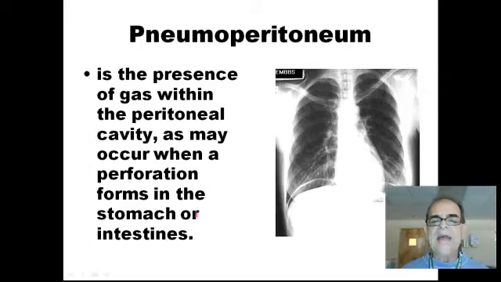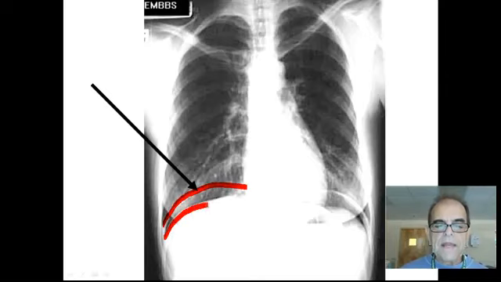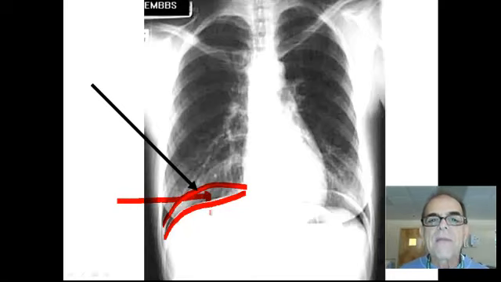Pneumoperitoneum, gas inside the peritoneum. Not for ultrasound, for X-rays. You can see here in the X-ray the diaphragm, and between the diaphragm and the liver, one dark space produced by the presence of air. This is the diaphragm, this is the liver, and this part is gas between the diaphragm and the liver.